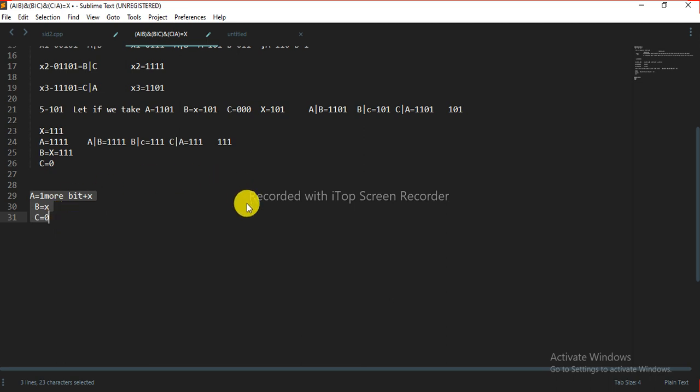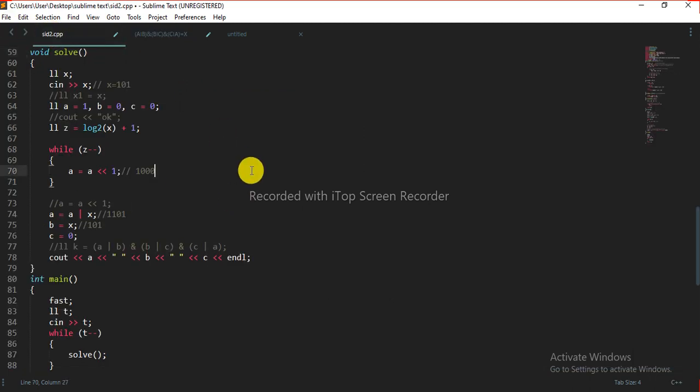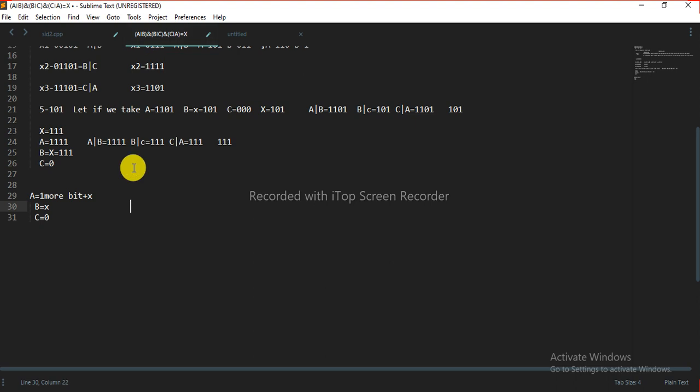Okay, so now we will see how we can do this. We will go to my code. For example, let's say we are taking x, and one more thing I have missed out. Since x is 10 raised to the power 8, it has nearly 27 bits.